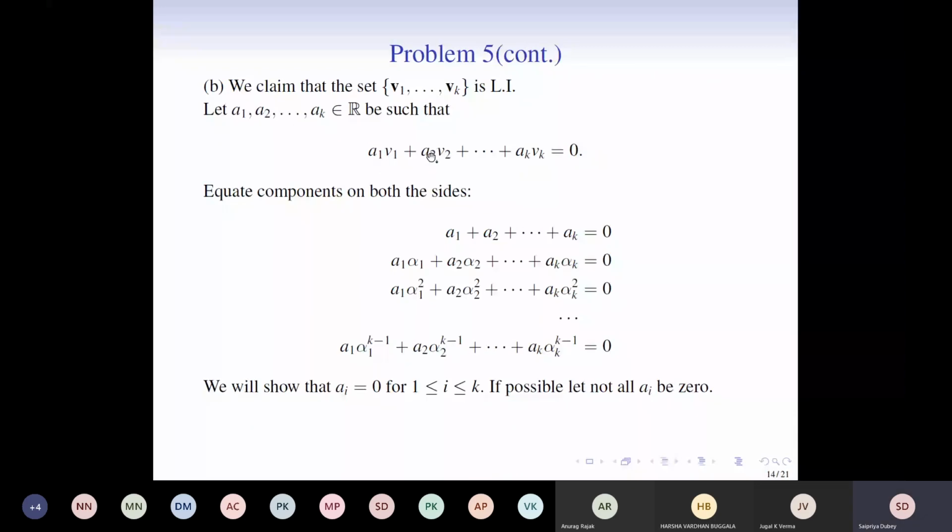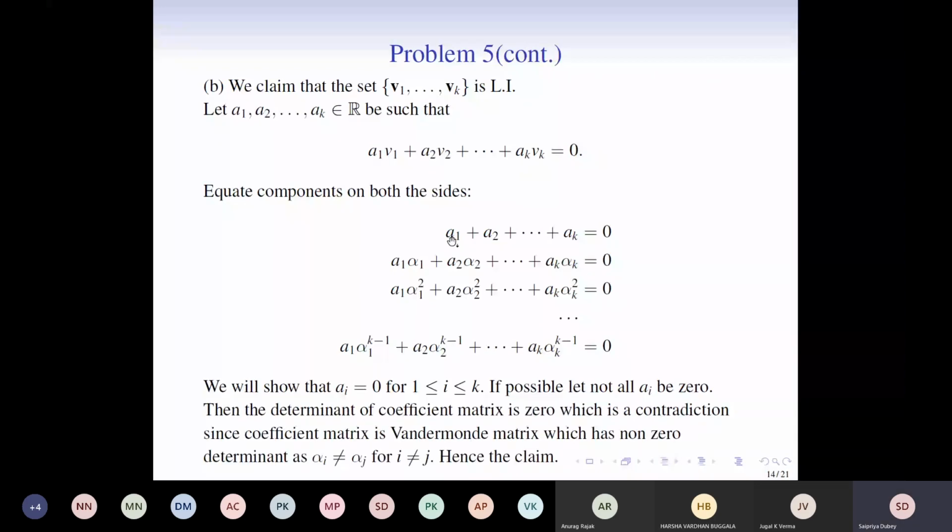But if any of the ai's take a value other than 0, it will force the determinant of the Vandermonde matrix to be equal to 0, which is not at all possible. Therefore, whatever we assumed was not correct because we get a contradiction here, hence the claim. We assumed that not all ai's are equal to 0, but that forces the Vandermonde determinant to be equal to 0.